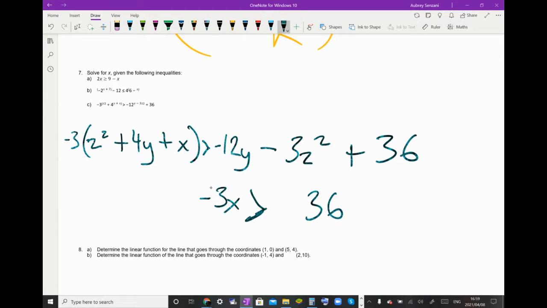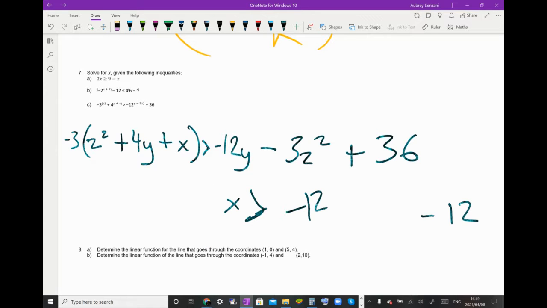Okay, then we just simply divide by a negative 3, and divide by a negative 3. Okay, so this is going to give us a negative 12. And then we're going to have x over here.